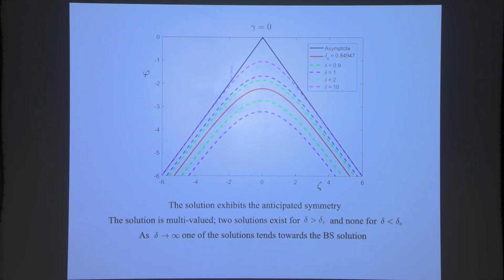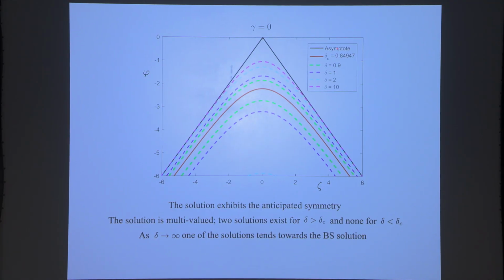As you decrease the Damköhler number, you move to this light blue curve for delta equal to 2, and then to delta equal to 1, and delta equal to 0.9, and then this value here, delta equal to 0.849, whatever, depending on the accuracy of the numerics.